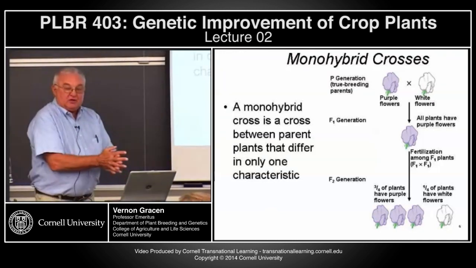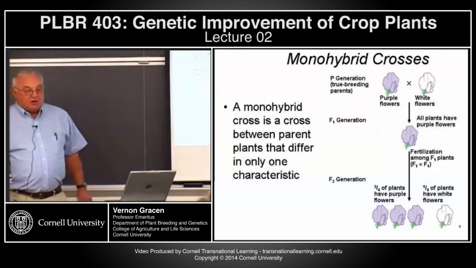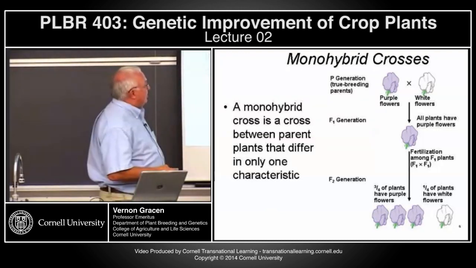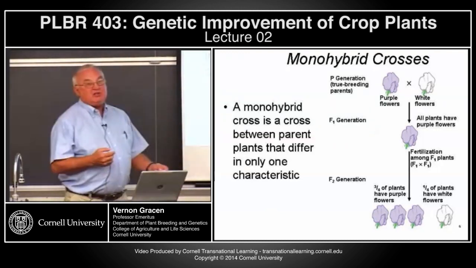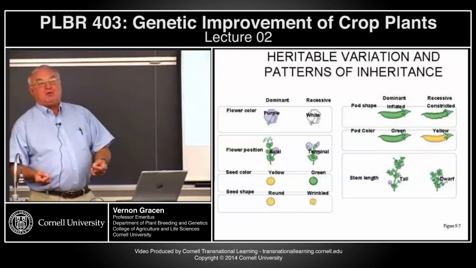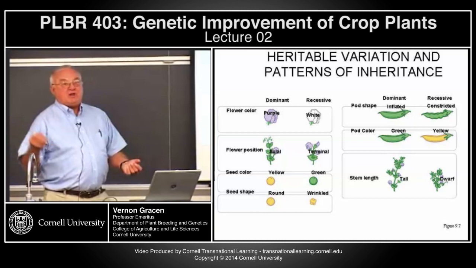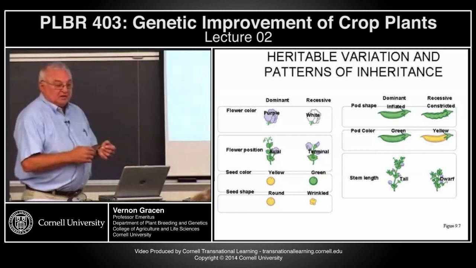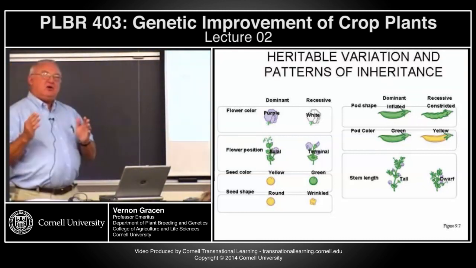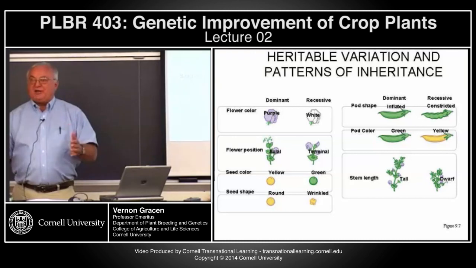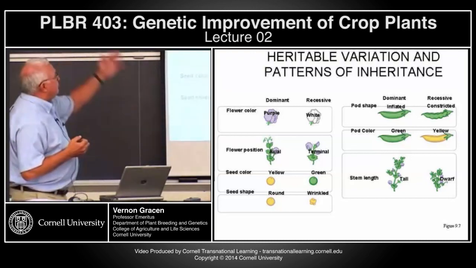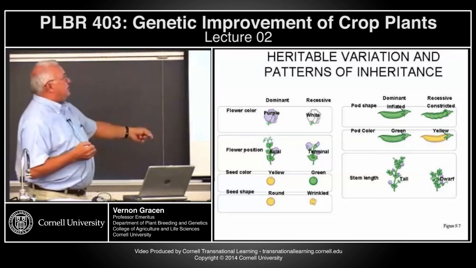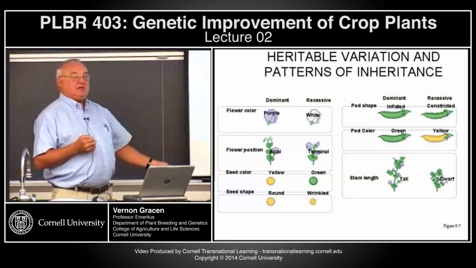When he dealt with a cross involving one trait, it's called a monohybrid cross. In that F1 generation, all the plants had purple flowers, but when he grew out the next generation, he found that 3/4 of them were purple and 1/4 reverted to the white flower type of one of the parents. In fact, Mendel was lucky, or probably selective, because he dealt with a number of different traits: flower color, flower position, seed color, seed shape, pod color, and stem length.